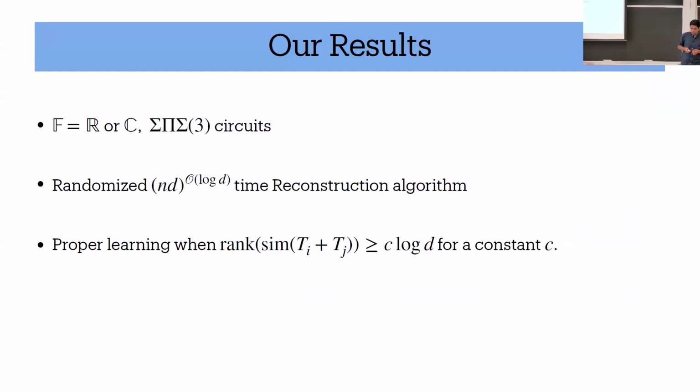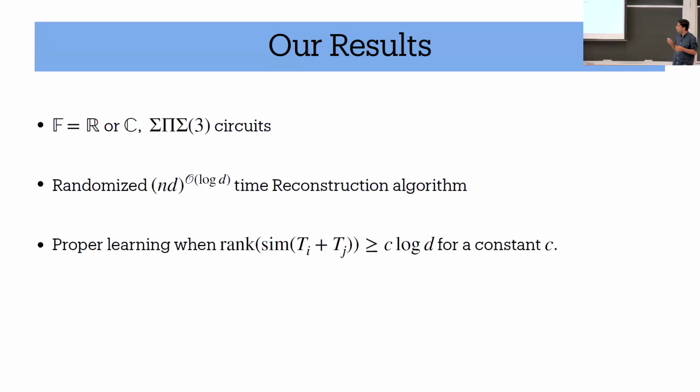So what we do is we show that when the field is reals or complexes, and we have top fan-in 3, we give a randomized quasi-poly algorithm to do reconstruction for these kinds of circuits.